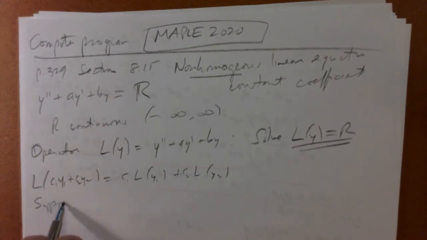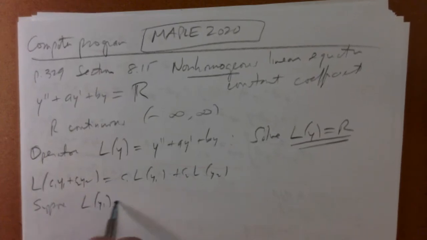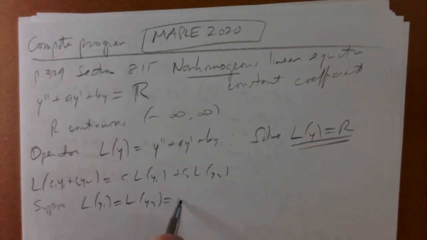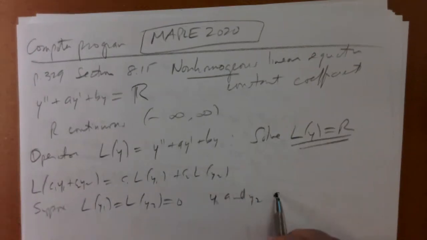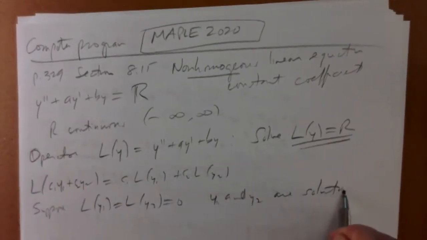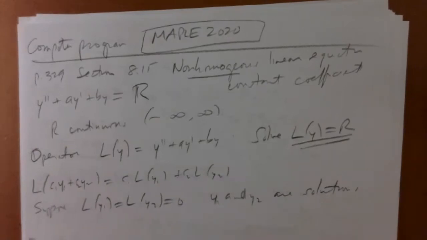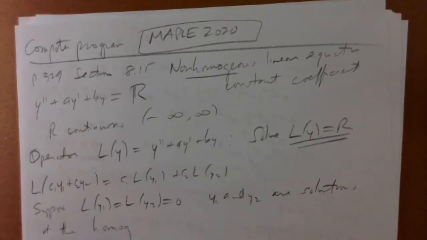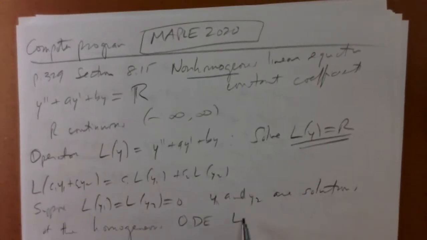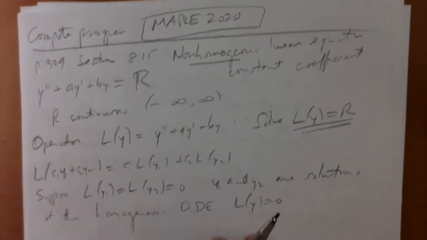So suppose L of y1 and L of y2 are equal to 0. That is, y1 and y2 are solutions of the homogeneous ordinary differential equation L of y equals 0.